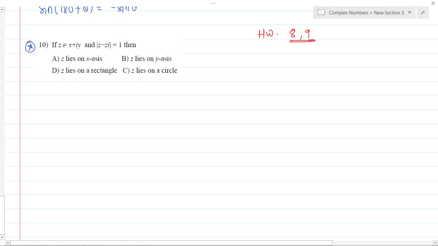Now let's have, if z is equal to x plus iy, then the value mod of z minus zi is equal to 1. Then where does z lie? So let's substitute the value of z in this equation. You get x plus iy minus (x plus iy) into I equals 1.